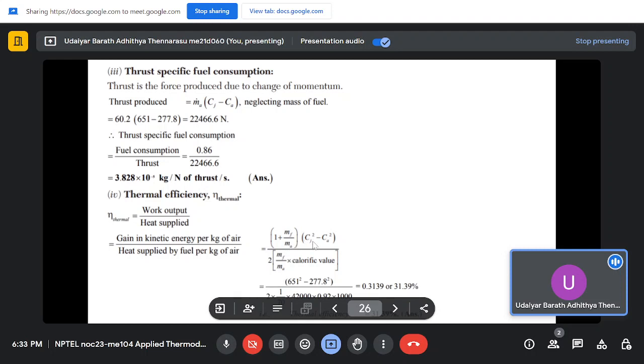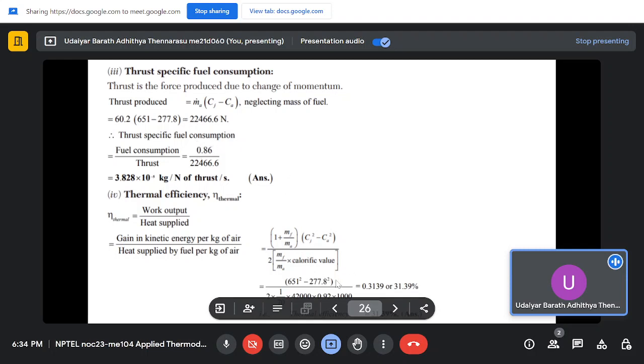Then we know all the values required. We just substitute: cj is 651 square minus ca is 277.8 square, divided by 2. That will give the change in kinetic energy of the air. Divide by mf by ma, the mass of fuel, into the calorific value of 42,000.